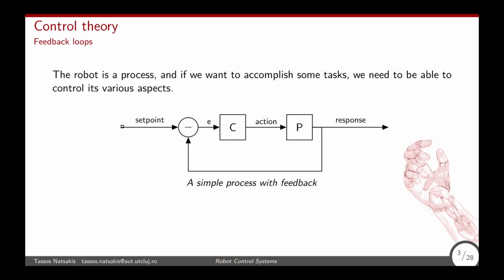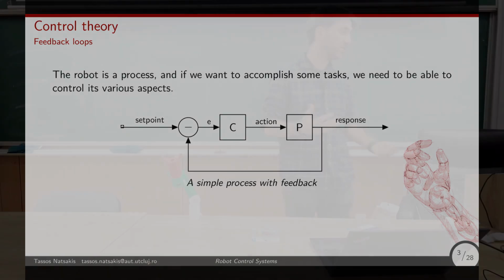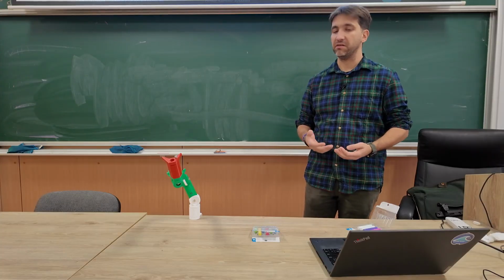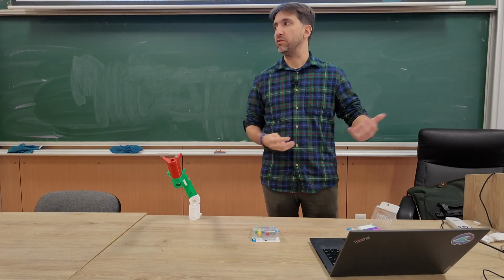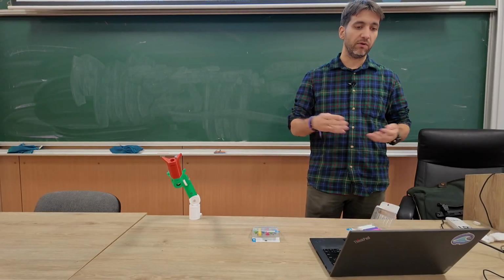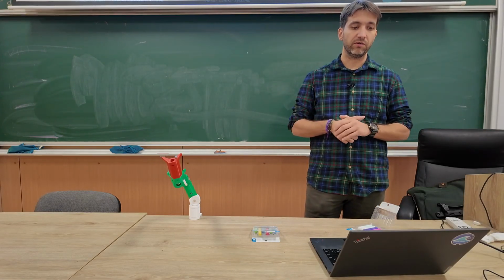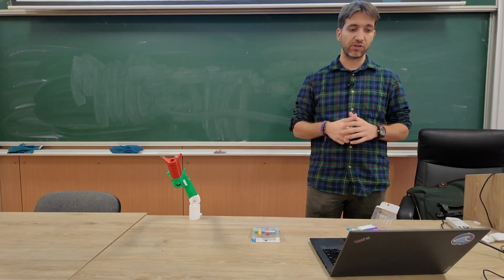Basically we need to consider the robot as a process, based on what you already learned in system theory, where you had some process that we were trying to control, and you would write a transfer function, and design a controller to make that process do something, right?